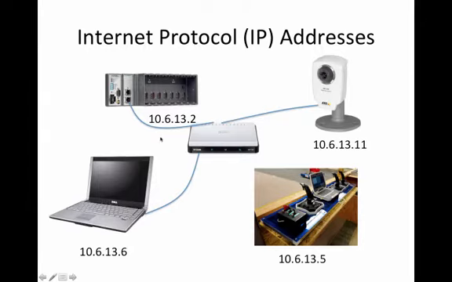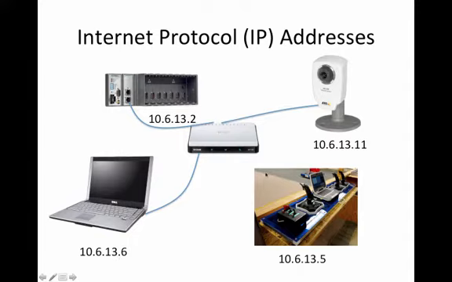All right, you'll notice a pattern here with these. The first set of digits, the 10.6.13, are the same for each of the components, and this is the IP address part that refers to our specific network.